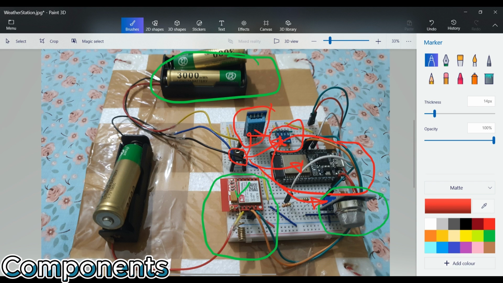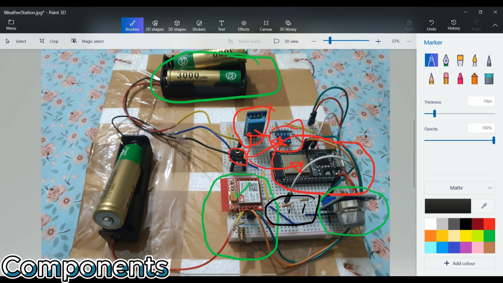So there might be some ambiguity in the smoke levels in the data. To avoid that, I have used a pair of resistors, as you can see over here. Let me make the picture a bit clearer. You can see a pair of resistors over here. One is 100 ohm and the other is 200 ohms.